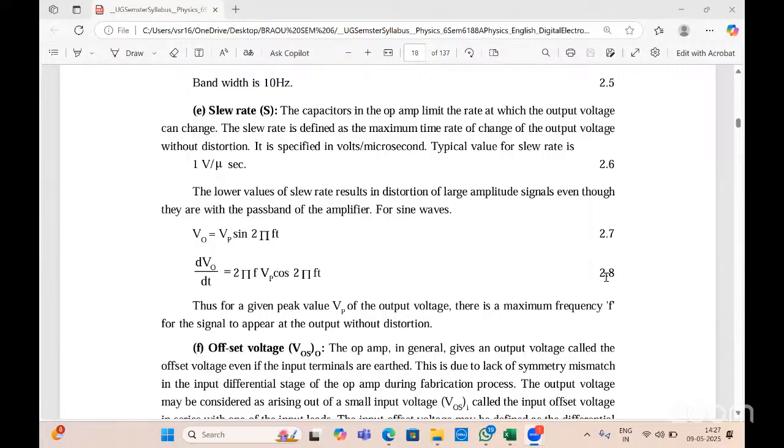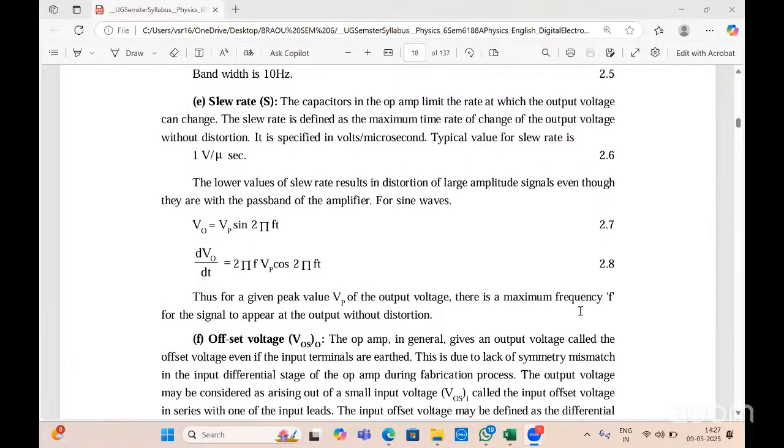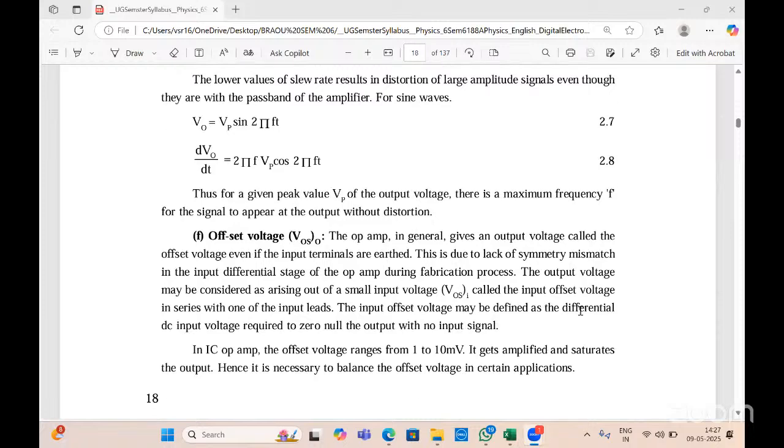The lower values of slew rate result in distortion of large amplitude signals, even though they are within the pass band of the amplifiers. So V naught equals Vp sine 2 pi ft.